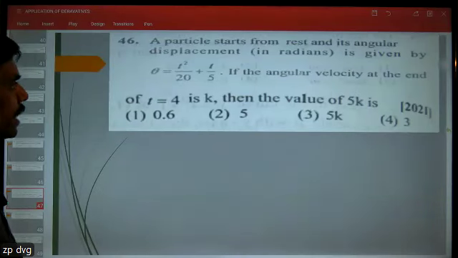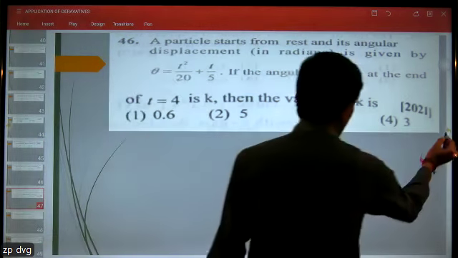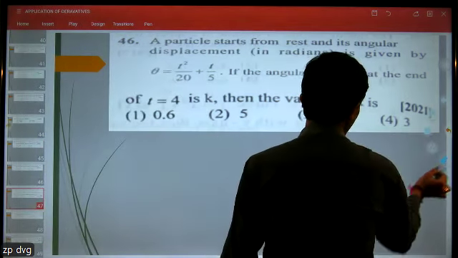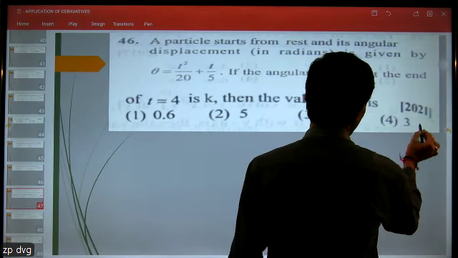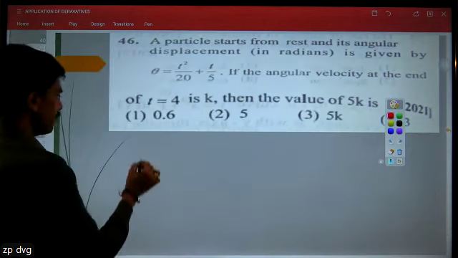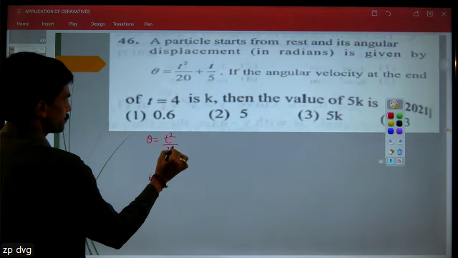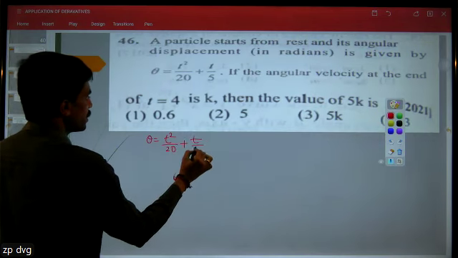If the angular velocity at the end of t is equal to 4 is k, then the value of 5k is. Okay. So here they given theta equal to t square by 20 plus t by 5.